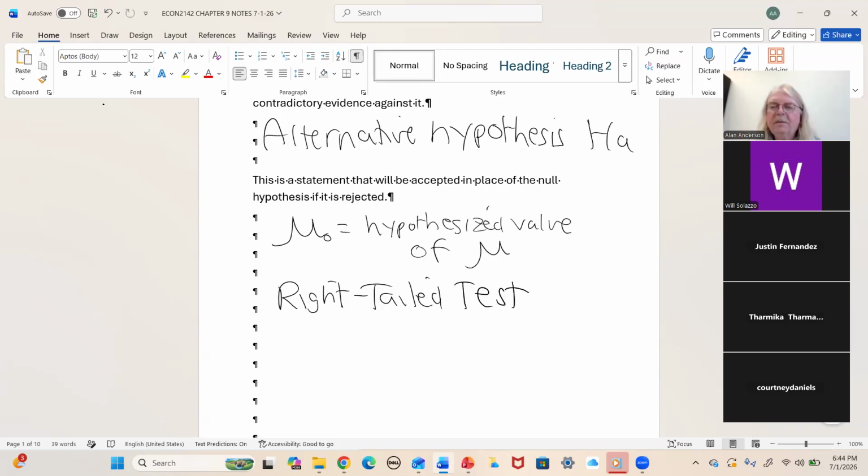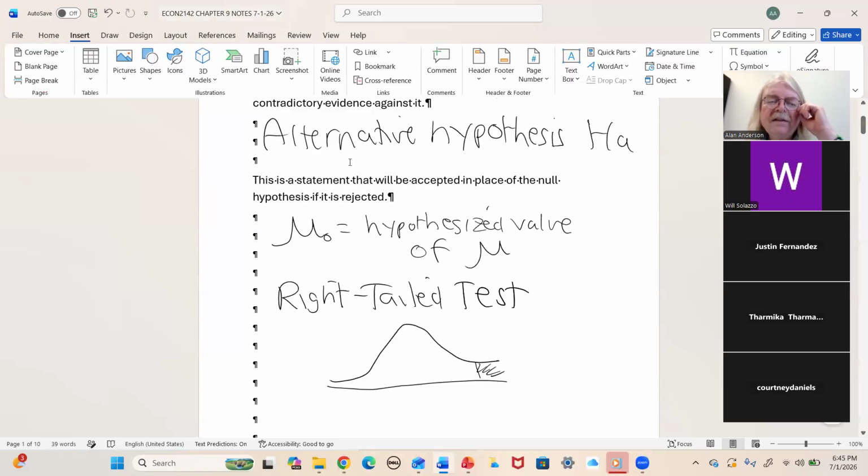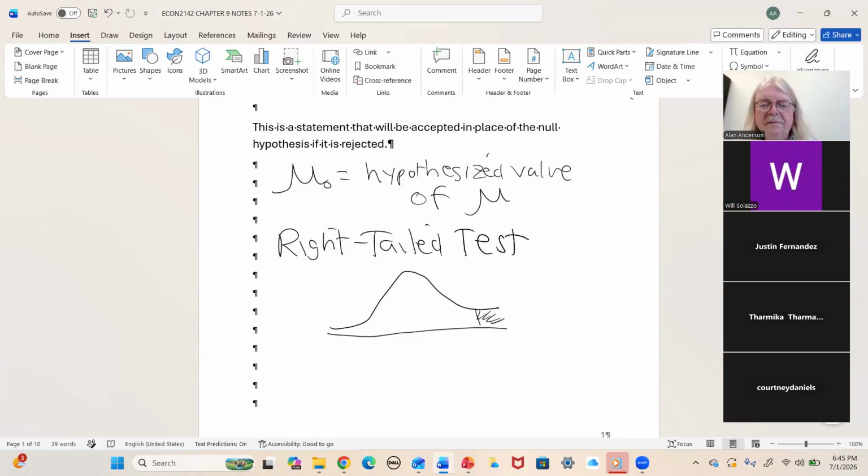Be aware that what the book calls an upper tail test, I will almost certainly call a right tail test, just because that's what I'm used to. It means that you're looking at, in this case, the normal distribution, at what's happening up here somewhere, depending on the situation that you're in. So the right tail test is written in the following way.